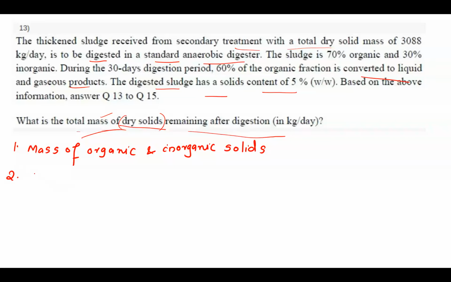Then you have to calculate the amount of organic solid that is converted to liquid and gaseous products, the amount of organic solids converted during the digestion process.